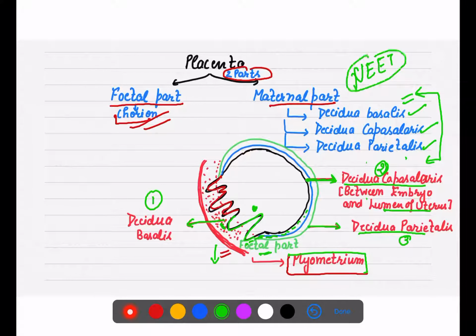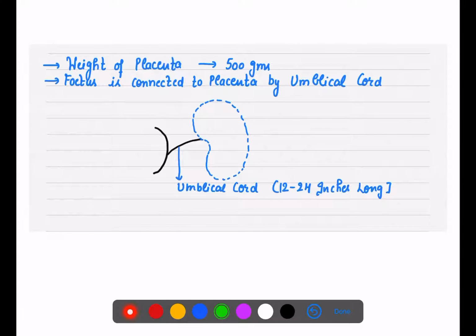That maternal part has three layers: basilis, capsularis and parietalis. Outermost one is the parietalis, middle one is the capsularis. Now if we talk about the weight of the placenta, it is 500 grams, and the fetus is connected. How is that growing fetus or embryo connected to this placenta?